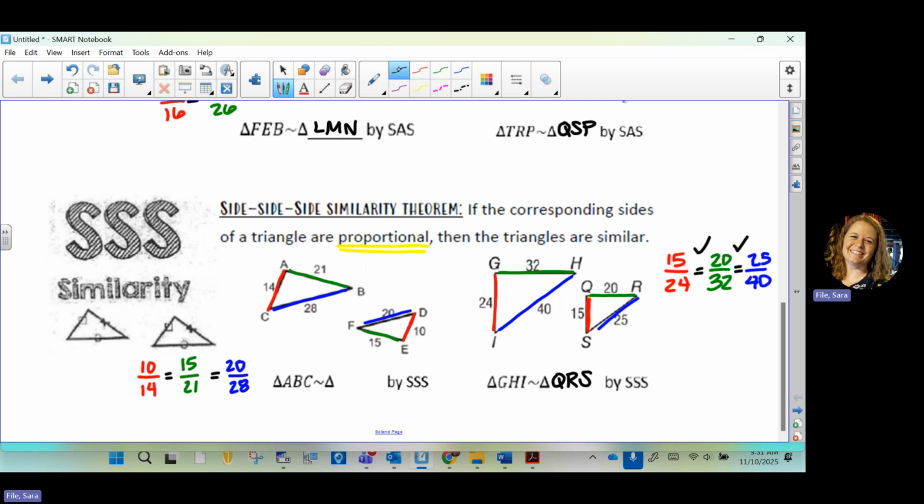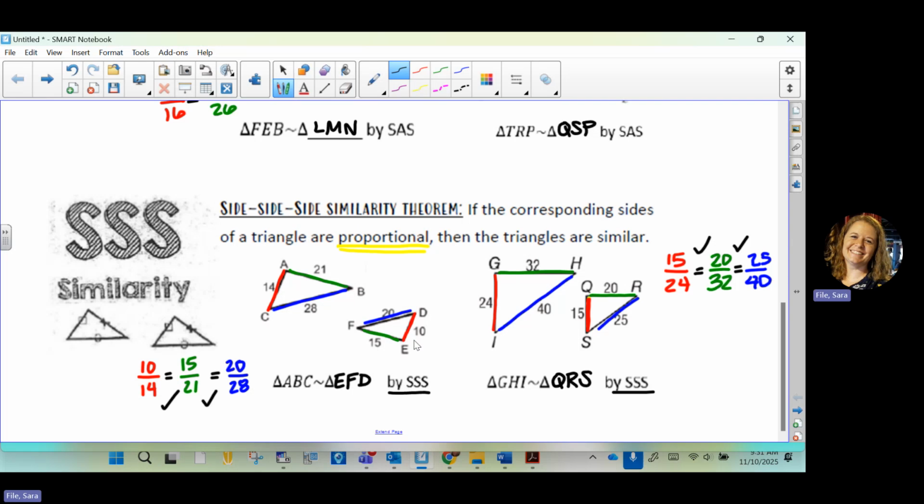So this checks out. Yes, they're equal. So I can prove, just like the last one, by side, that these are similar triangles. How would I name that second triangle? I went A, B, C, so I went green to blue. E, F, D. I would have to go green to blue.